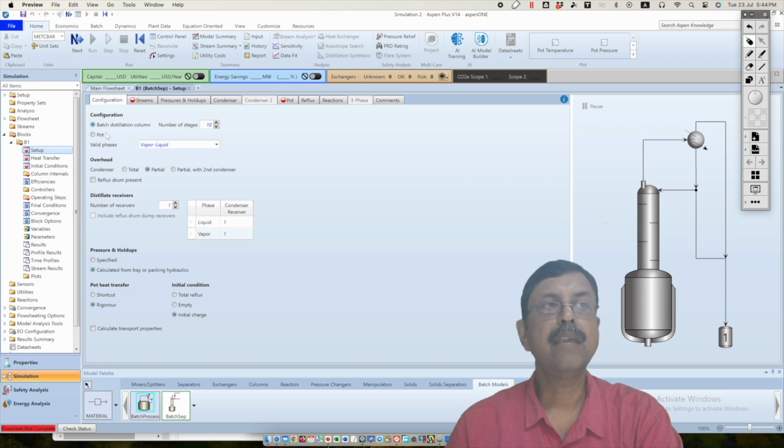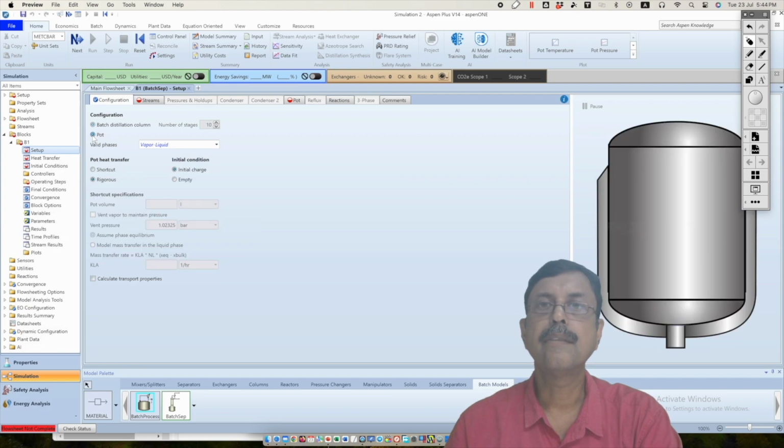And obviously, you have to provide the number of stages of the column. But if you choose it as a pot, then this column will vanish. You will have only the pot. So either you use it as a pot or as a batch distillation column.